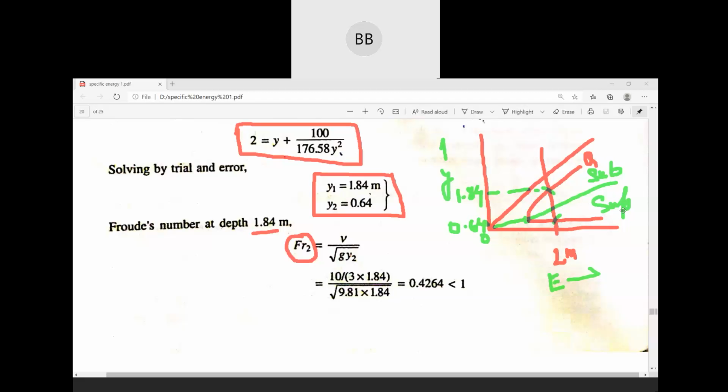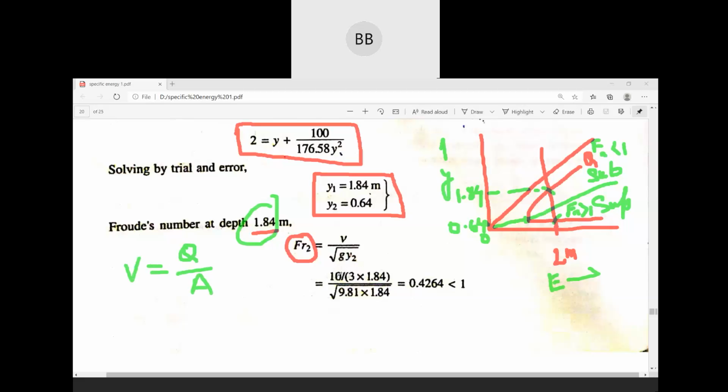If you remember, for supercritical your Froude number is greater than 1, and for subcritical your Froude number is less than 1. Now for 1.84, we are going to find the Froude number: V over root of g y. To find V, we can use discharge divided by area.